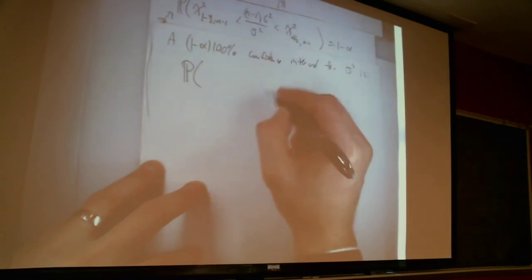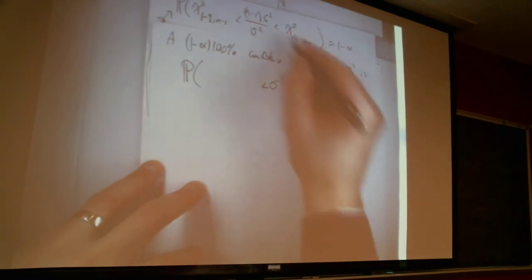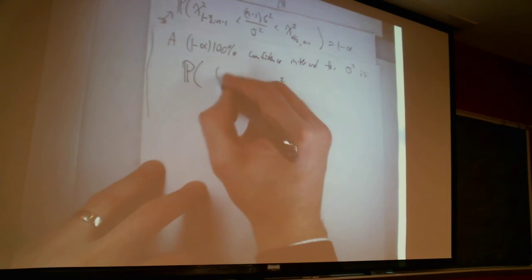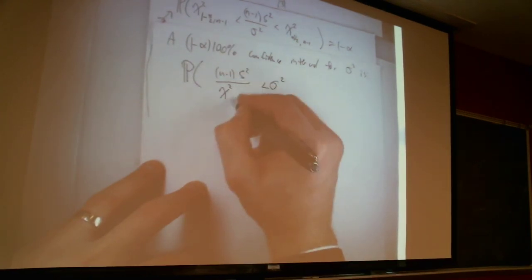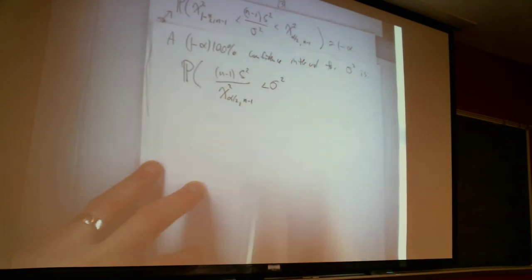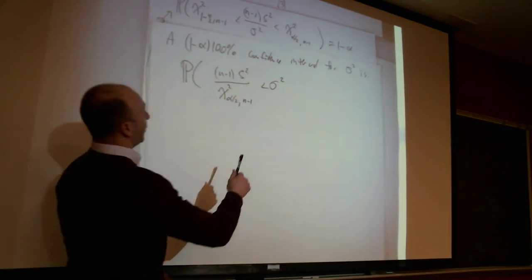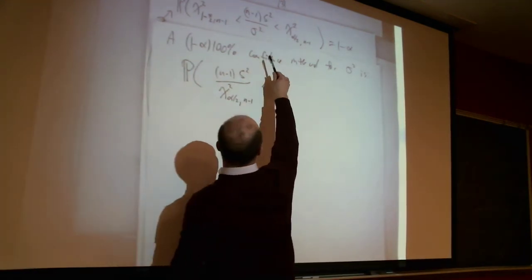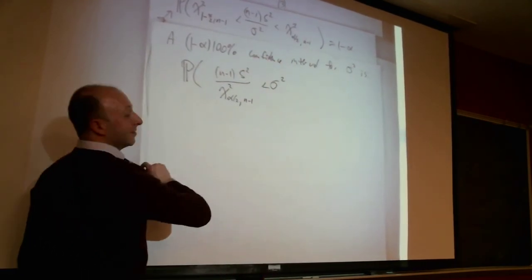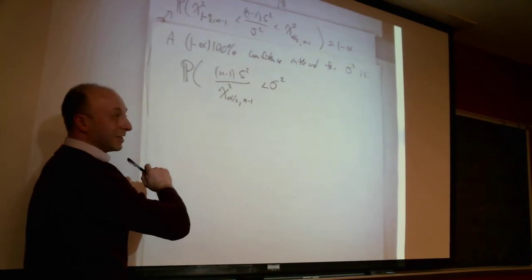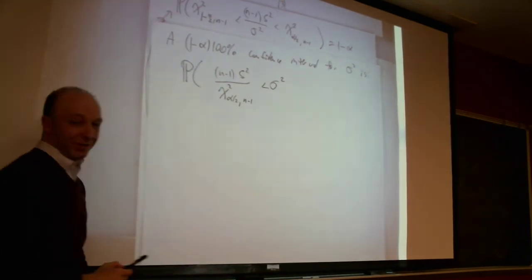So the sigma squared will wind up in front. So I get a 1 minus ns squared divided by chi squared alpha over 2 n minus 1. So the equations switch sides. All I did is I multiplied sigma squared here and divided this to the bottom. So the upper bound became a lower bound.